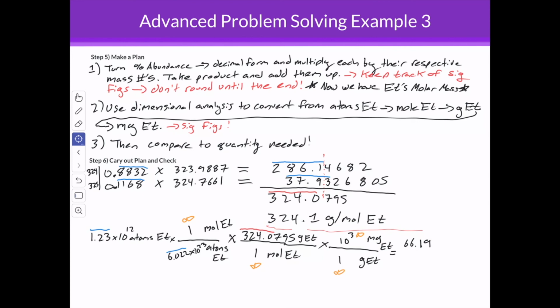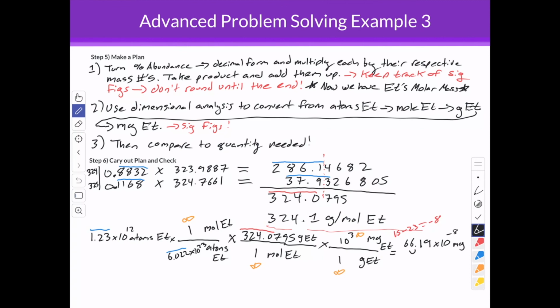15. Oh, that's not my pen. Let's do a different color. 15 minus 23 equals -8, times 10 to the -8 milligrams. All right, proper scientific notation.